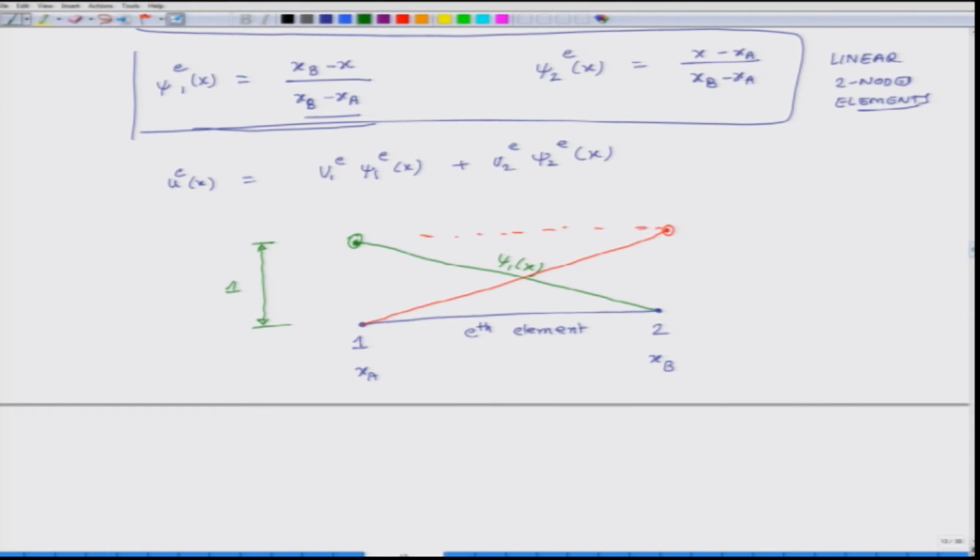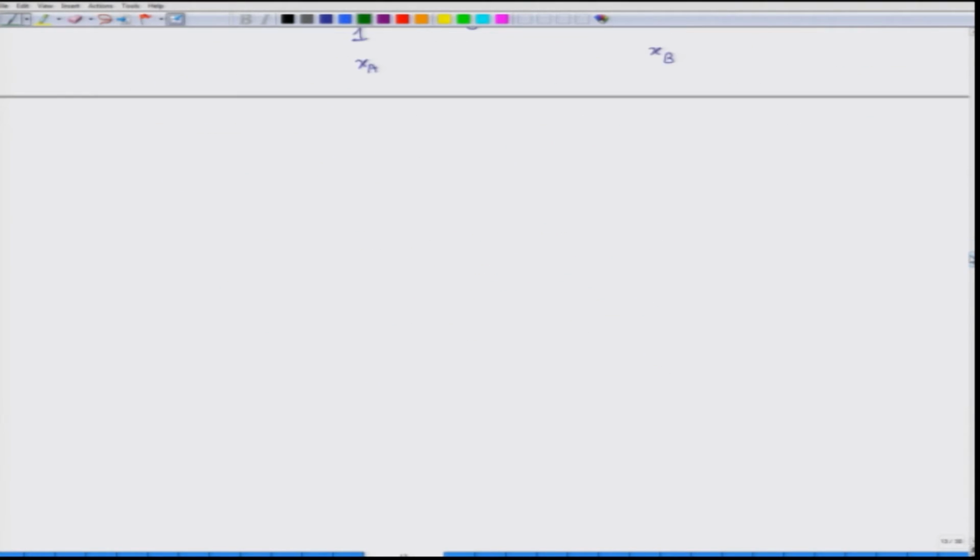At this point of time, I will also introduce 2 different coordinate systems. One is the global coordinate system and the other one is the local coordinate system. So, suppose this is the length 0 to L. Here x is equal to 0 and this is x equals L, and let us say I am breaking this domain into a lot of elements.